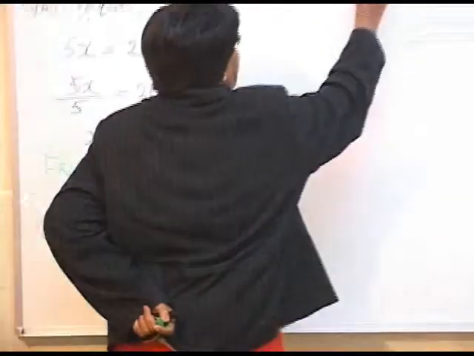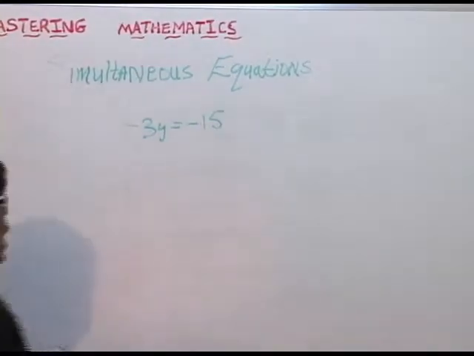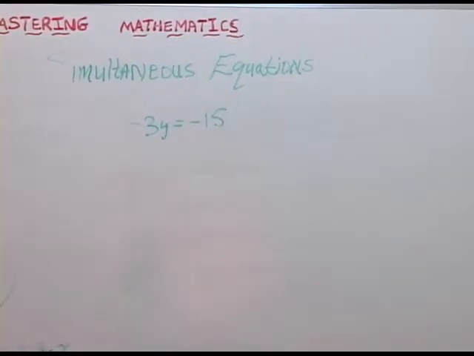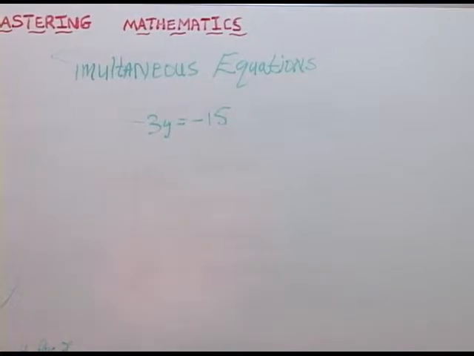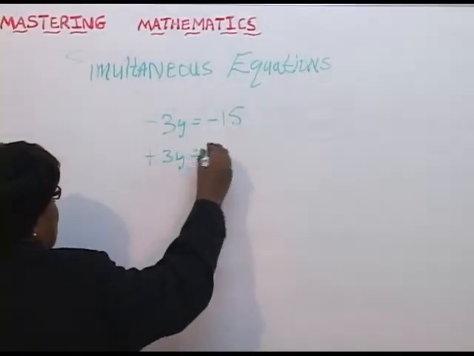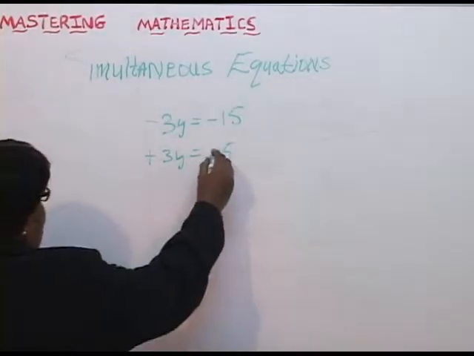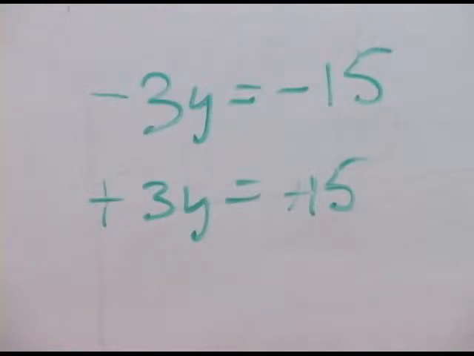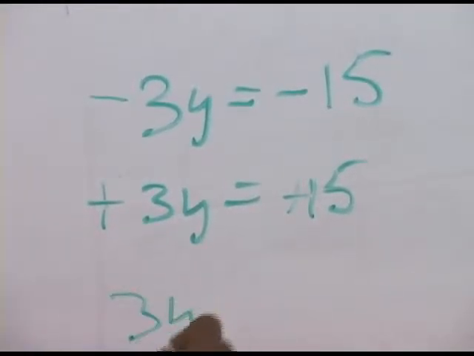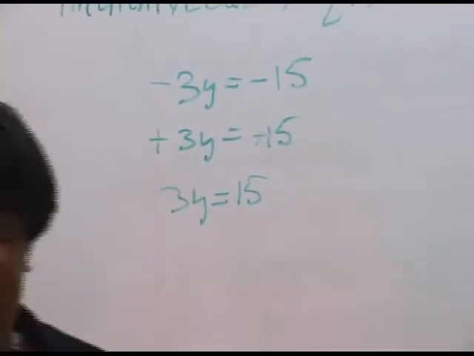And again we say, when we have negative 3y is equal to negative 15, we do not want to find a negative variable. So we're going to change the signs. So we're going to get plus 3y is equal to plus 15, because what we do to one side, we must do to the other side. Good. Now again, we're just writing 3y is equal to 15 because we understand that it is plus when we don't see the sign.